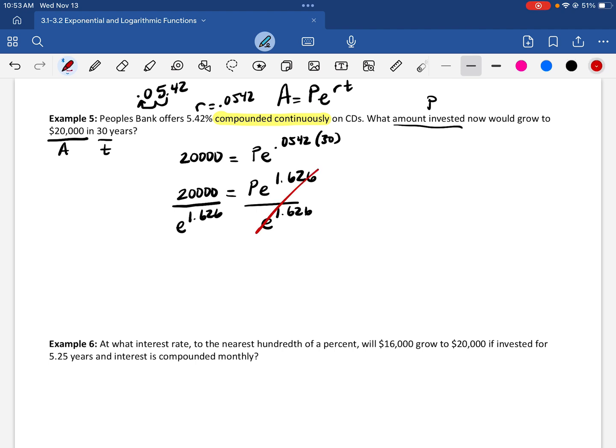And so that would cancel, leave me with just that P. And then I would be able to go to the calculator there and do 20,000 divided by E to the 1.626. And this gives me $3,934.30.